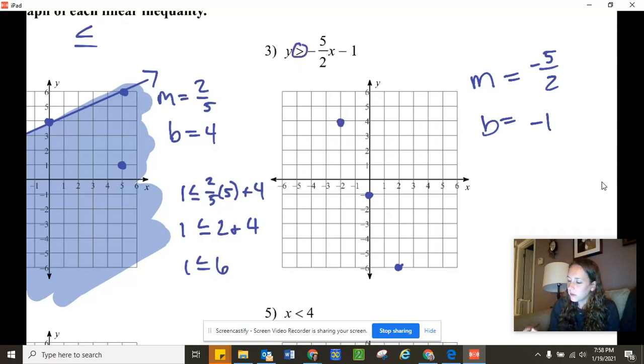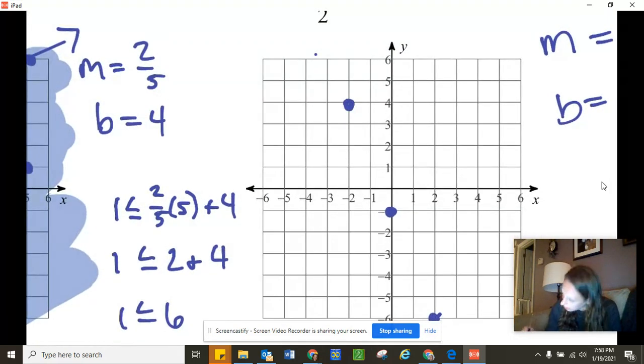Now my symbol is just greater than, so that means that I'm going to make a dotted line because there's no line under it.